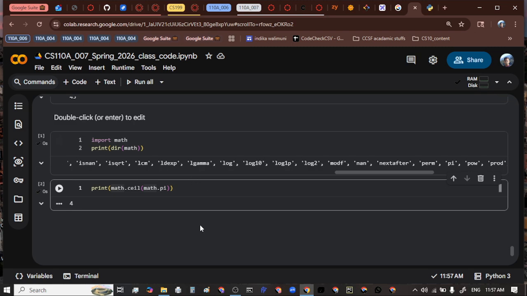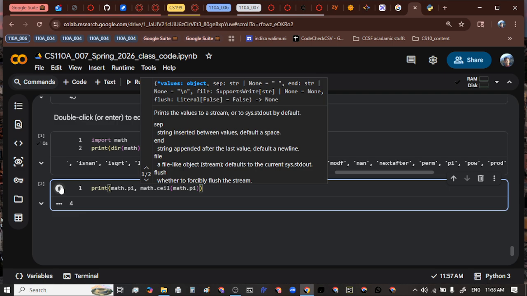Why did I get 4? Yeah, it's rounding up. Otherwise, pi's value is 3.14.